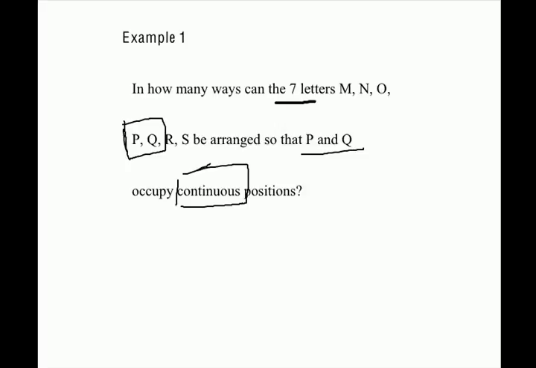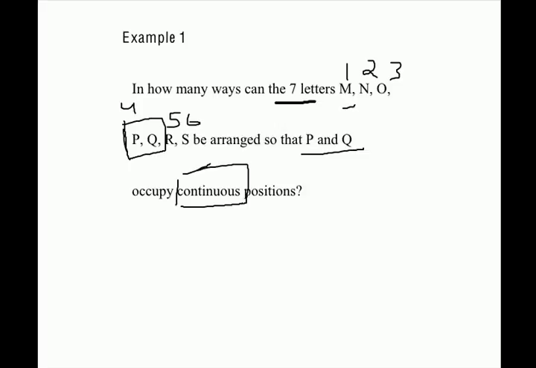So if P and Q is one letter, then we've essentially got 6 letters. So we need to arrange 6 letters. Forget about whether it's combinations, permutations, what. Let's break it down into the basic chunks.